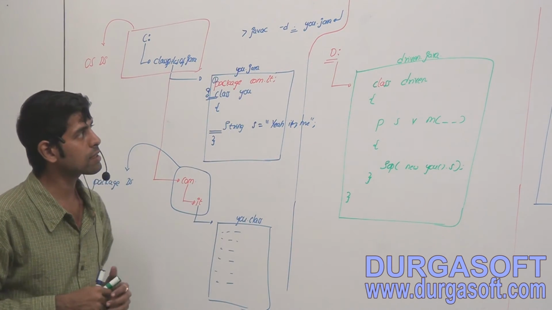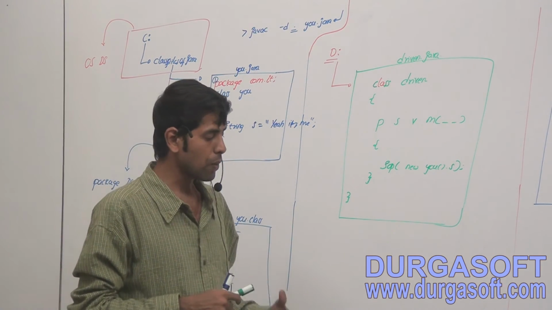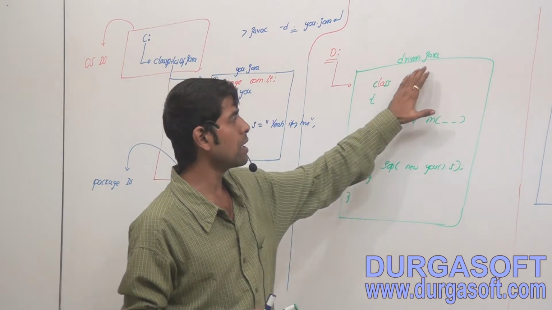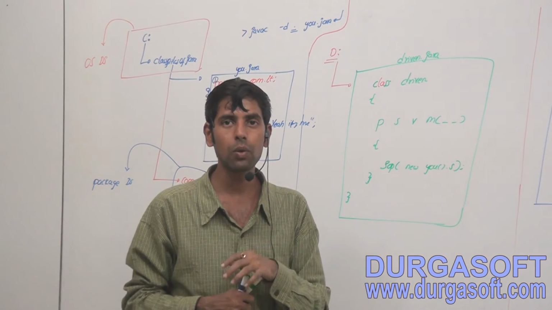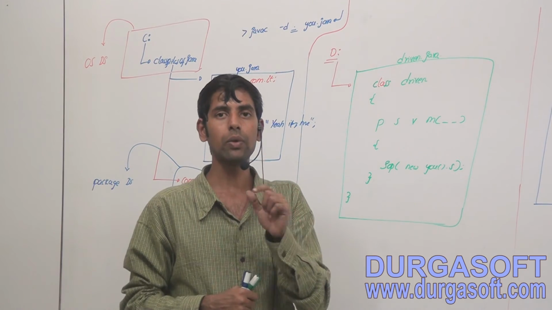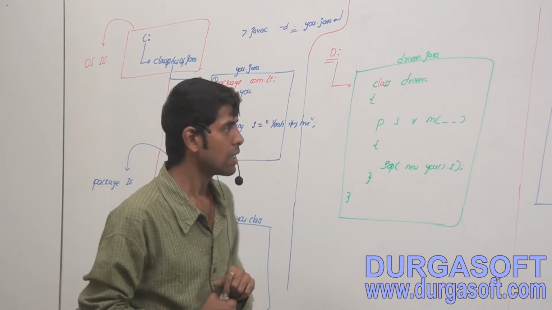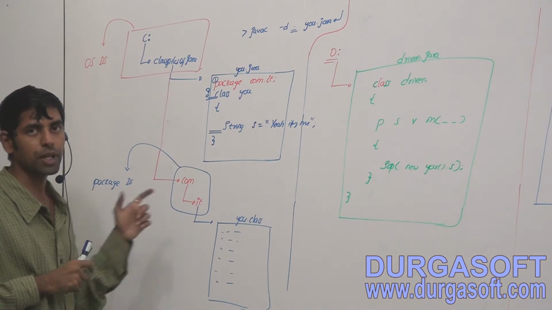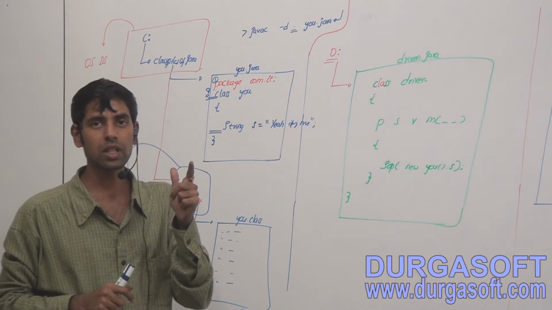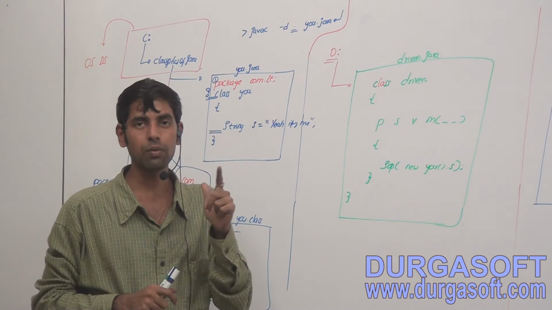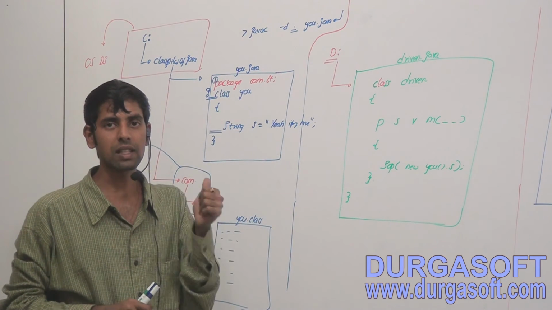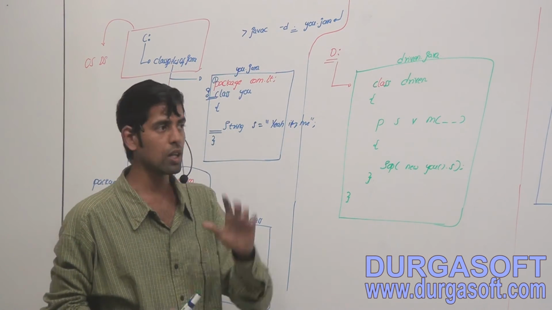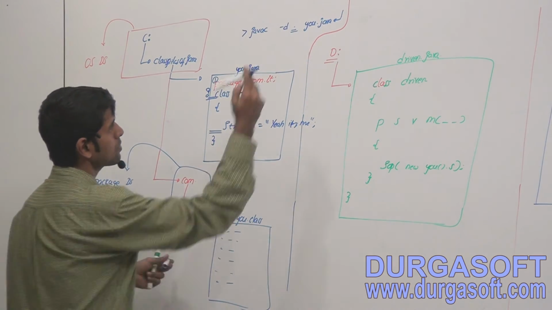If I want to compile this driven.java, in which way do we have to compile? First of all, you have to set the class path up to the OS directory structure. Please make note of these things. Such questions come even in your interview, and even if you go for the OCJP exam, such questions will be there.